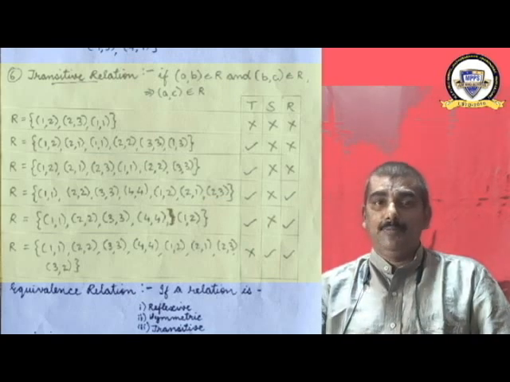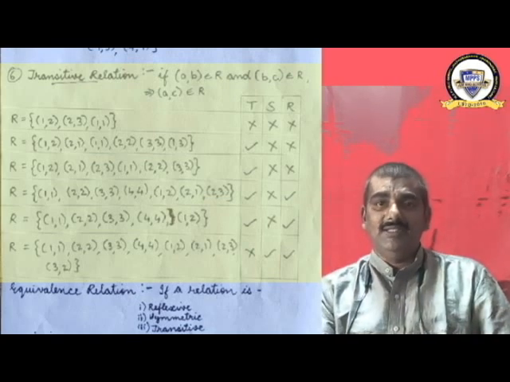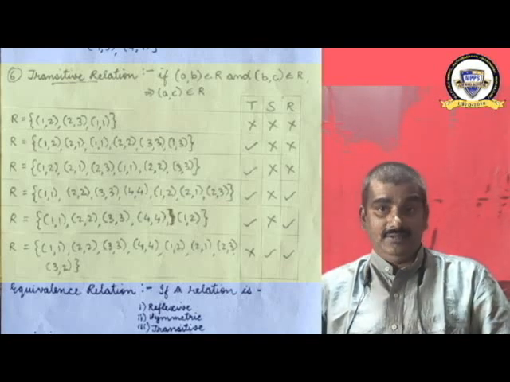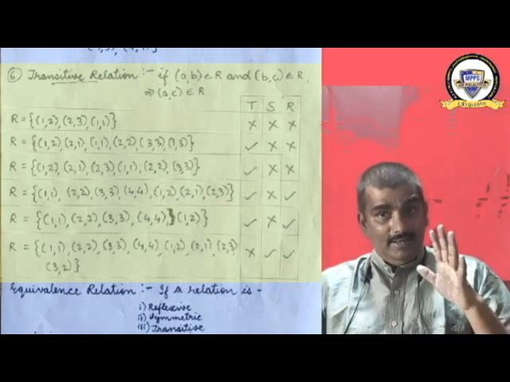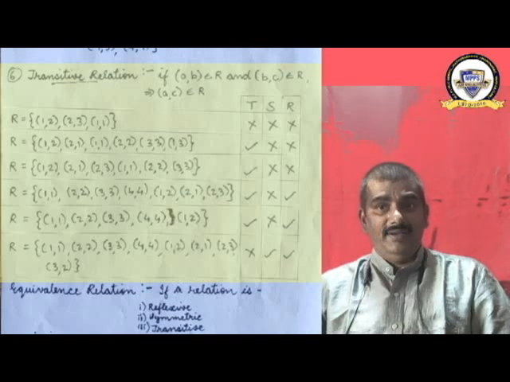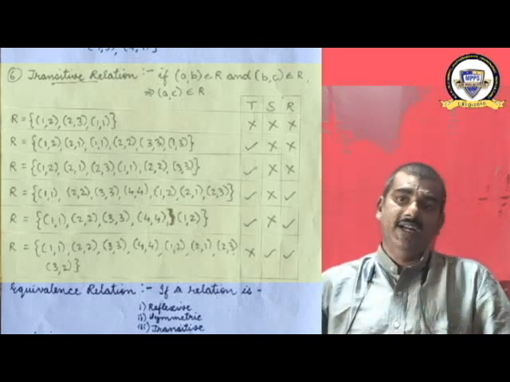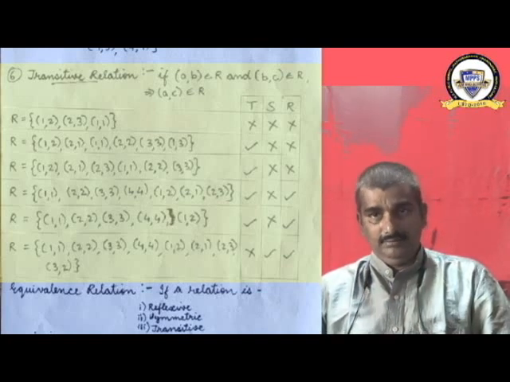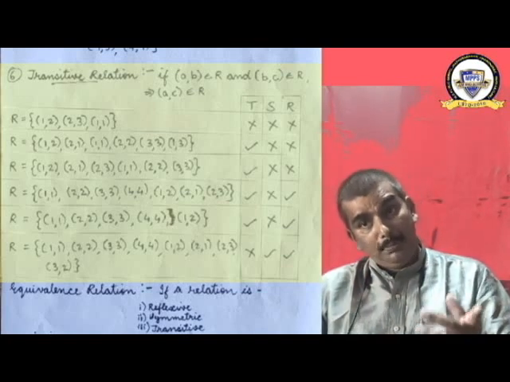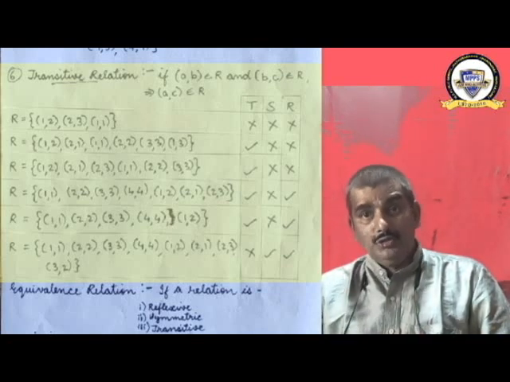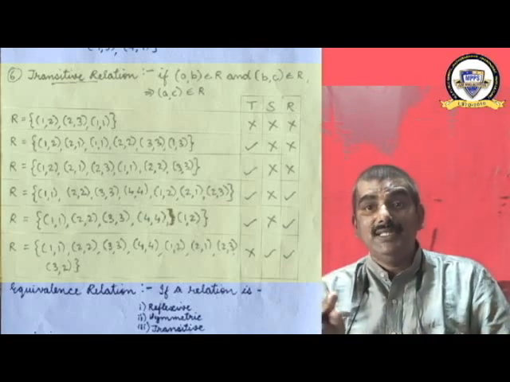Now the next type of relation, and the last type in your syllabus, is transitive relations. Transitive relation means if (a, b) is an ordered pair of the relation R and (b, c) is also an ordered pair of R, then (a, c) must be there.